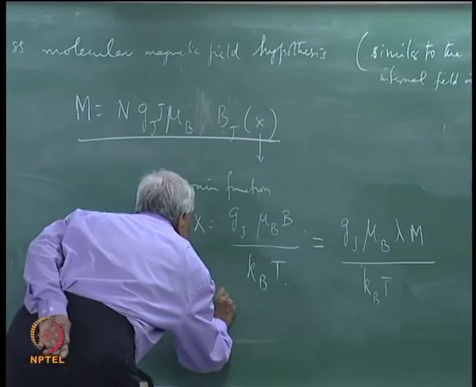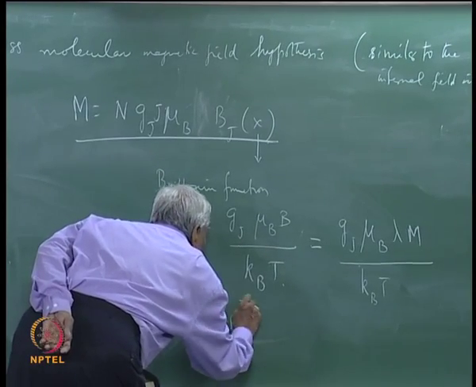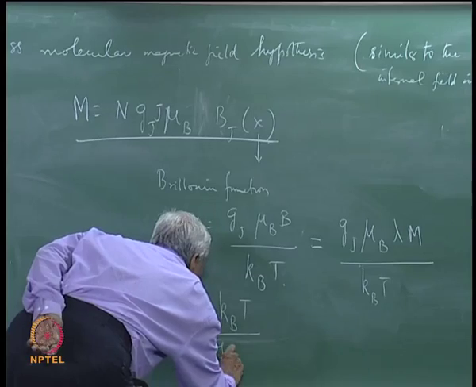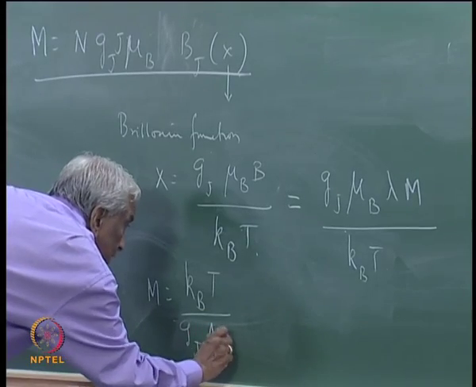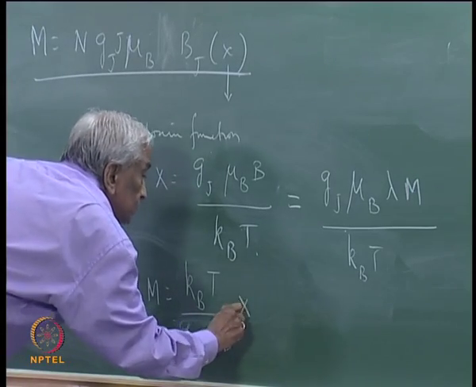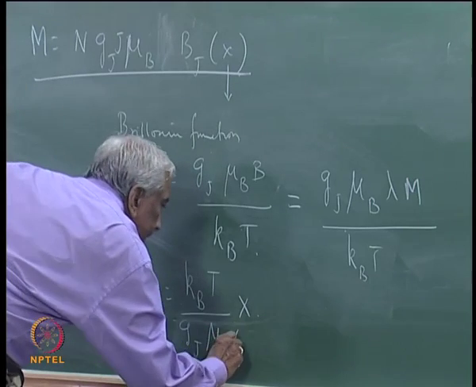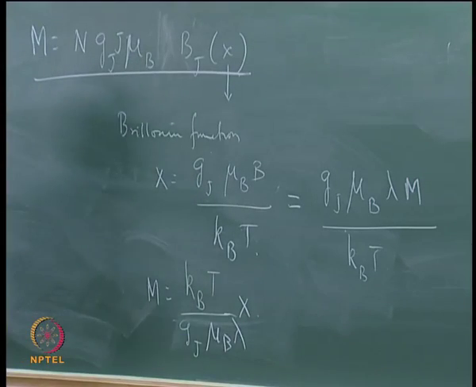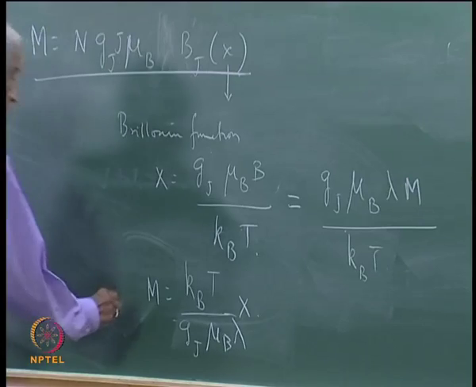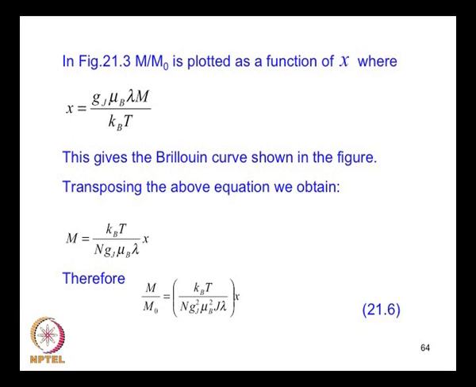So, this is going to be K B T by g J mu B lambda times x.